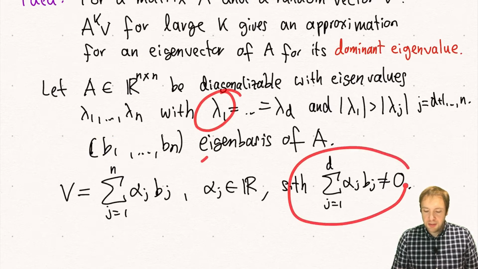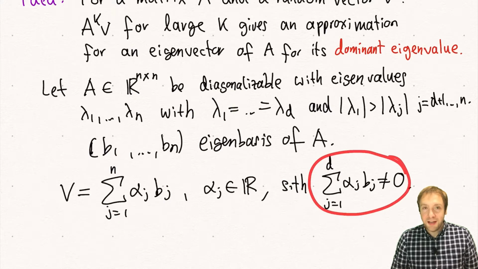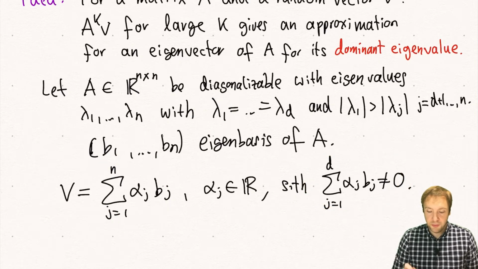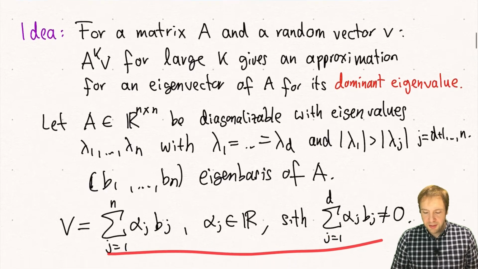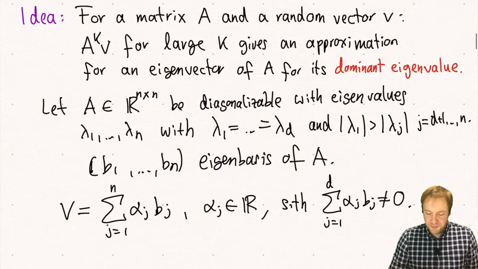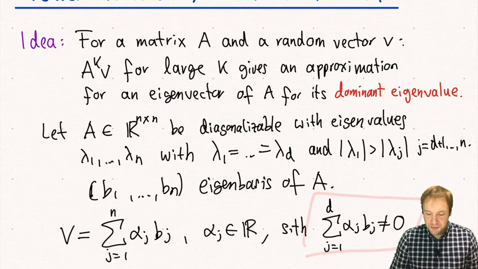This condition means that if I write an arbitrary vector in this basis, then the part in the eigenspace of this first eigenvalue is not zero. But for the application, you usually don't need to worry about this because if you do it numerically, it's not precise anyway, and therefore you don't really have a zero.